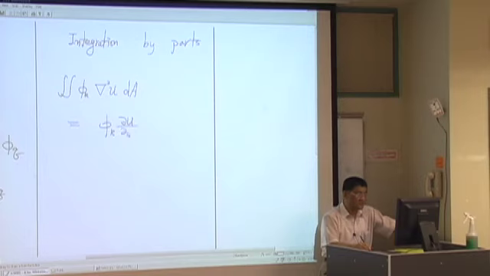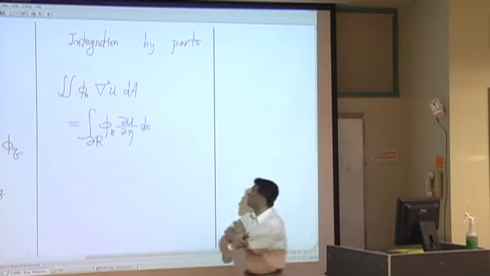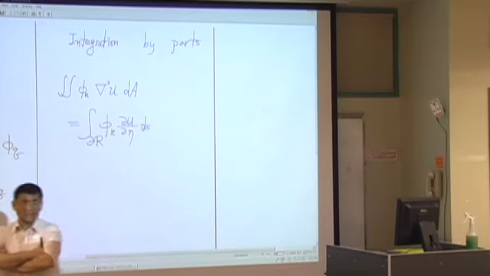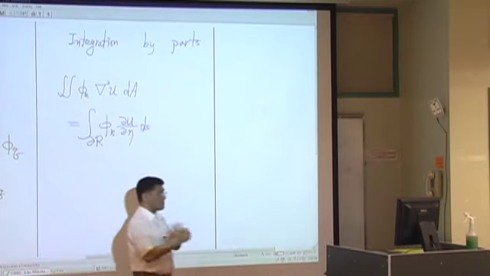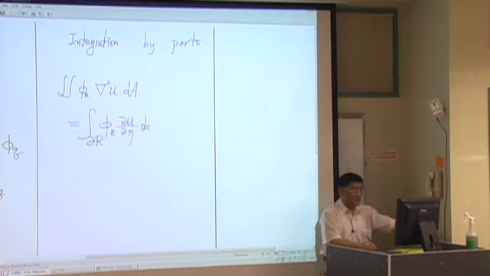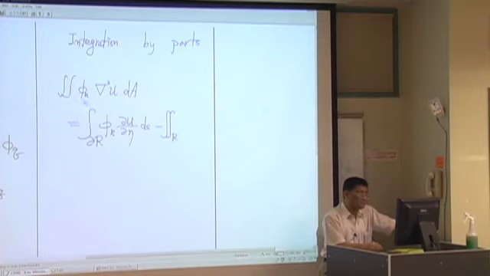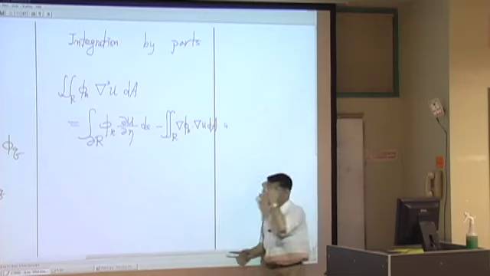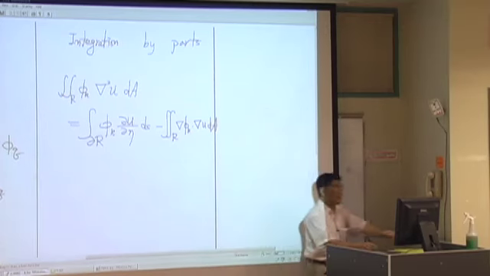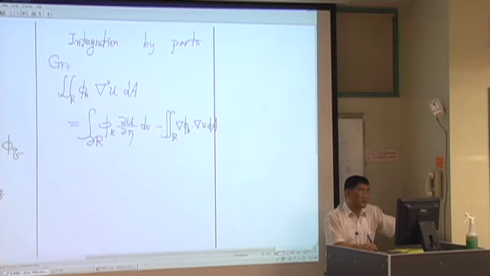I will use this notation and integrate this thing over the boundary of R. We use integration by parts, and then we differentiate the other, so we differentiate this one and then attach this one. So this is integration by parts, or more precisely, Green's first identity.